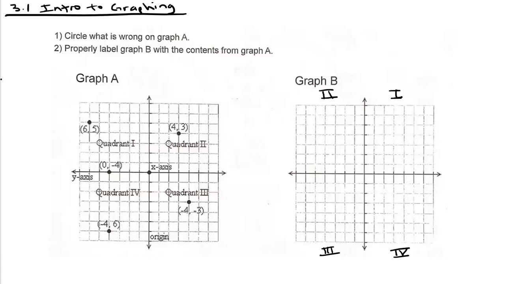All right, so what about quadrant 1? What kind of points do we have for quadrant 1? Are they positive, negative? Good, right? They're both positive. So this is positive. All right. So what about quadrant 2?